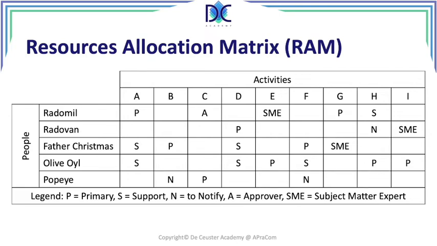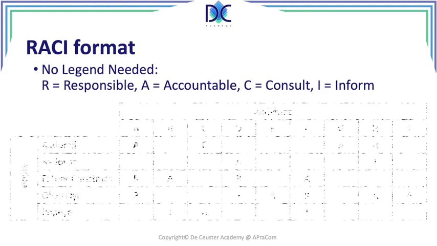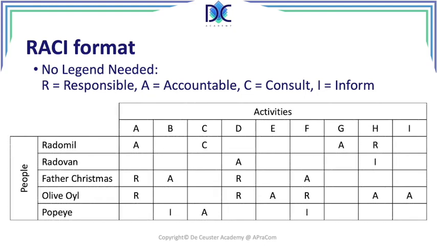Another possibility is what we call the RACI format. The RACI format is a predefined format where we don't need a legend because we know that R refers to responsible, A is accountable, C is consult, and I is informed. And the person who is accountable for the activity is the person who is in charge of the activity, the leader of that activity.